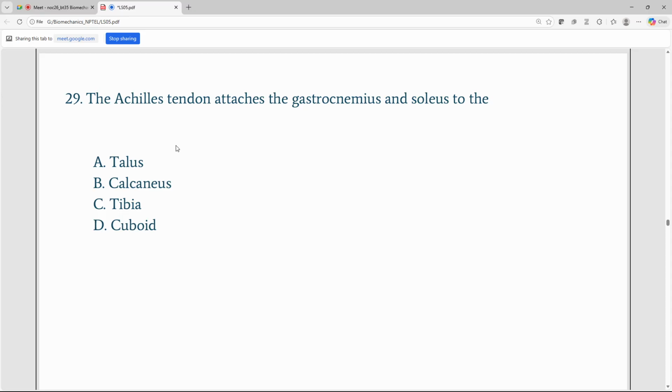Next question. The Achilles tendon attaches the gastrocnemius and soleus to which of the following? Options are option A, talus, option B, calcaneus, option C, tibia, option D, cuboid.